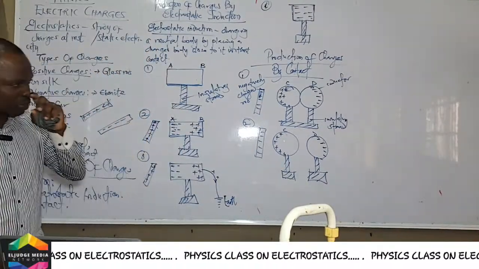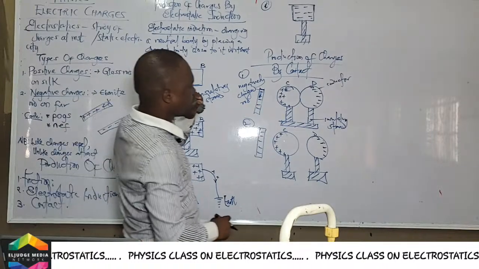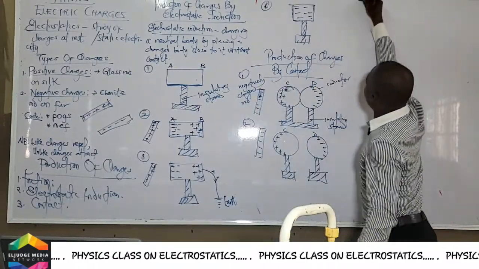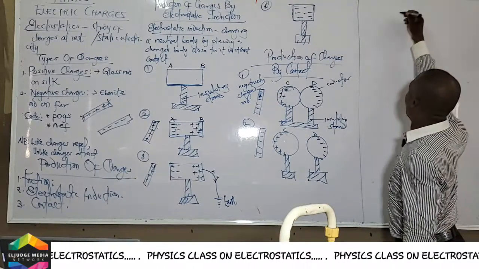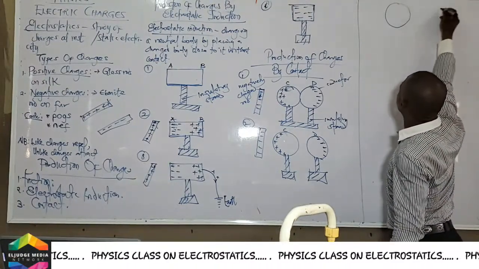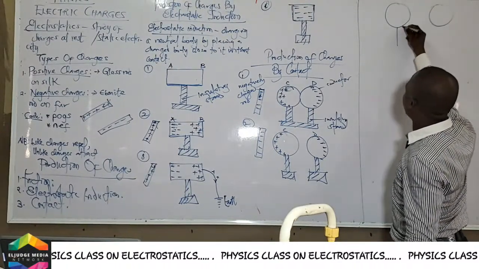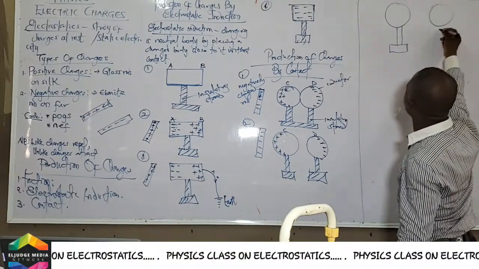The next thing is when you remove the negatively charged rod, you will have an equal distribution of the charges on each sphere.